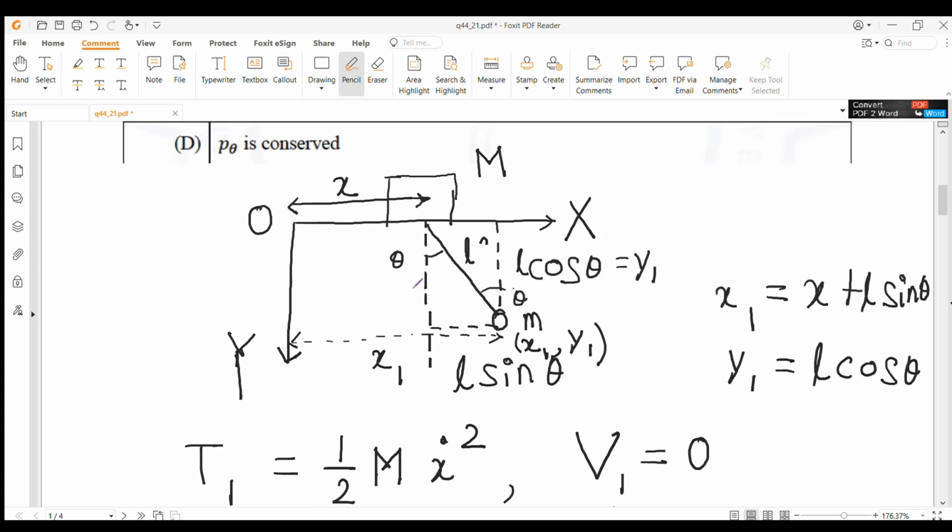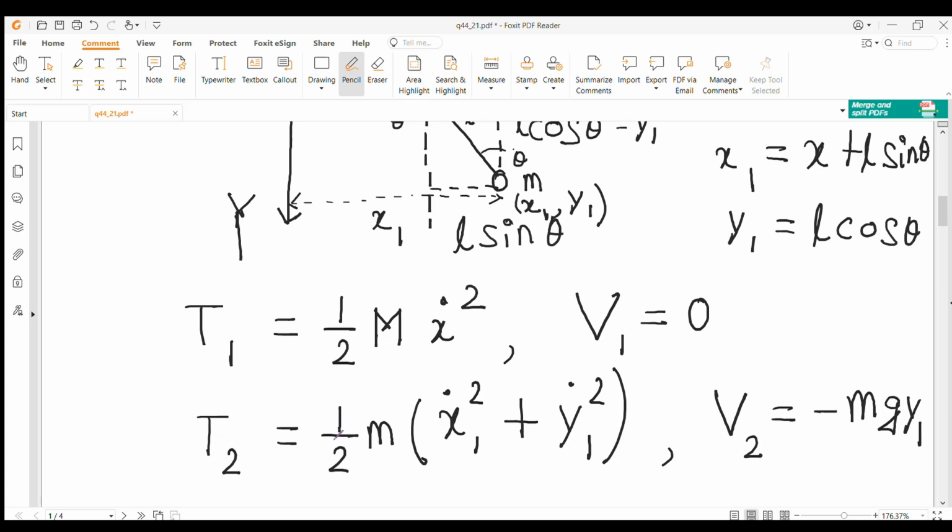The kinetic energy of the mass capital M is equal to half into capital M into x dot square, and we assume that the mass capital M is at potential energy V1 equal to 0. The kinetic energy of the mass small m is equal to half into small m into x1 dot square plus y1 dot square, and the potential energy of the mass small m is equal to minus mg y1.